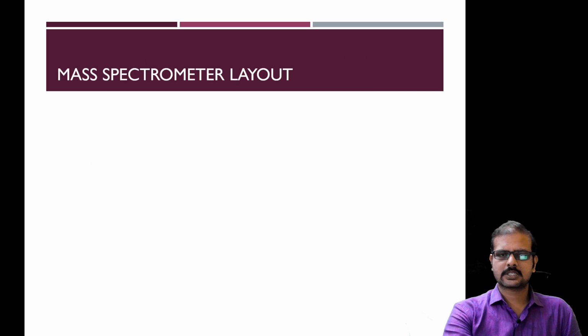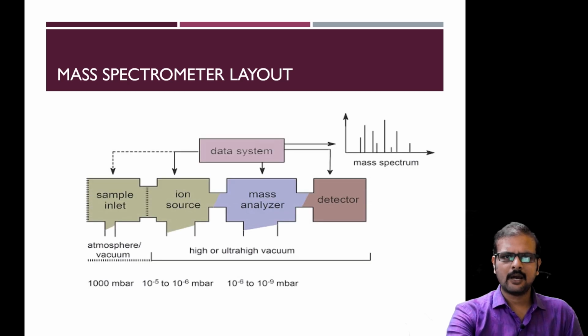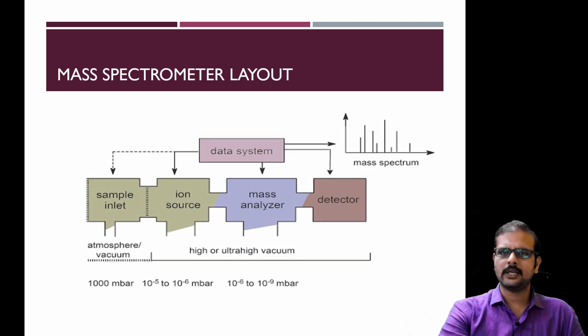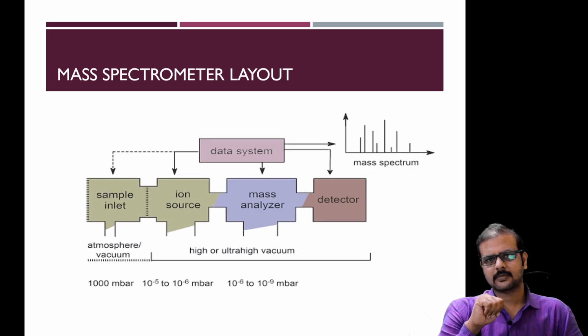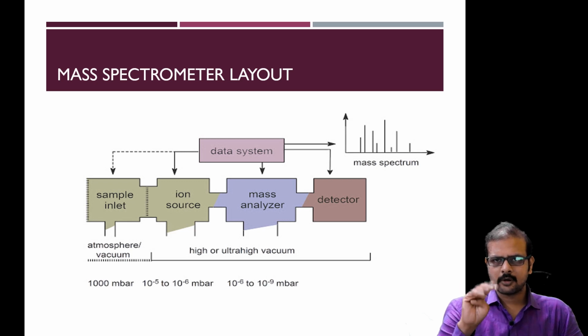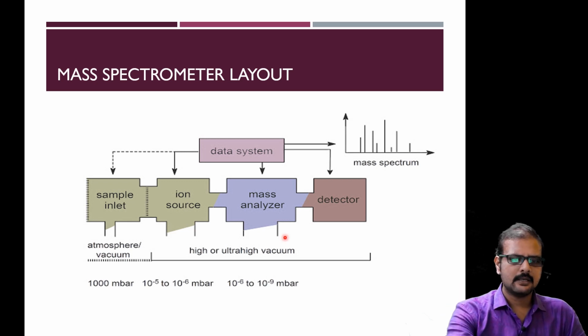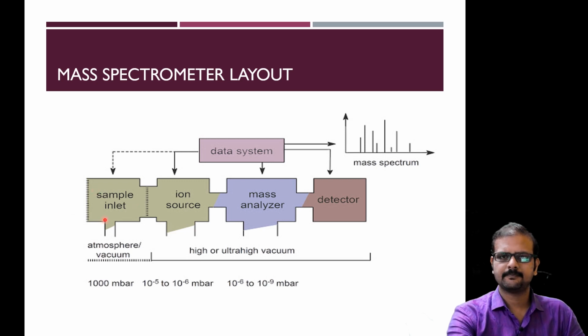Okay, so first let us look at the layout of the mass spectrometer. The layout contains only 4 main parts. They are simple. The first one is the sample inlet, where we introduce our sample, or the molecules which we are going to detect.